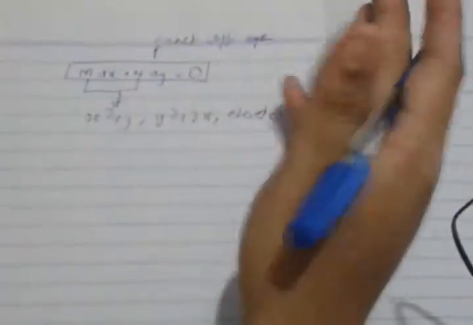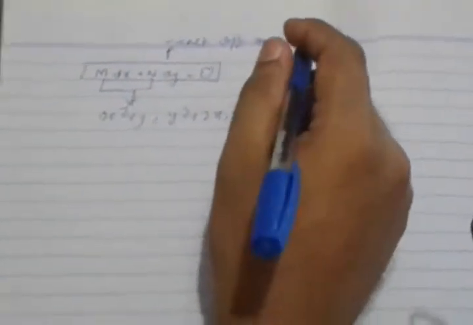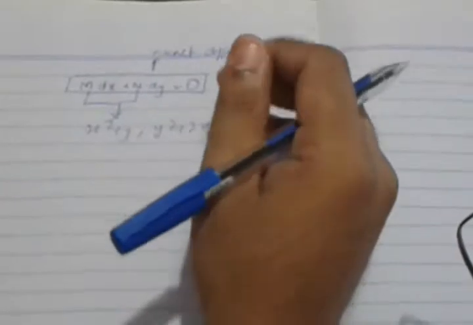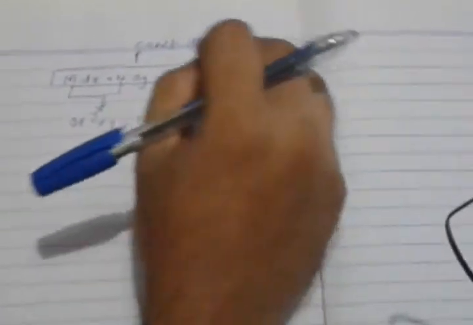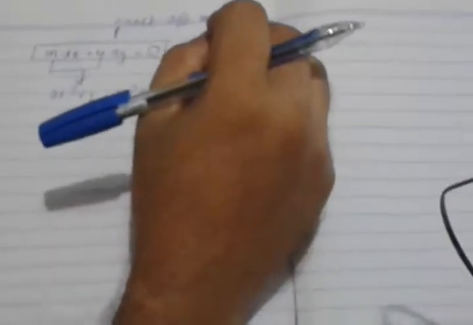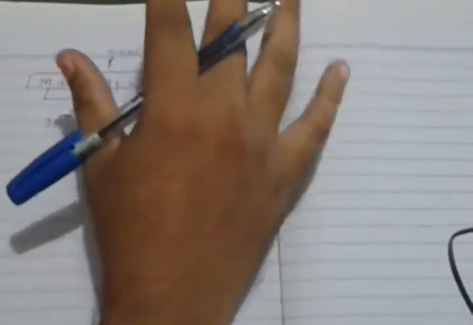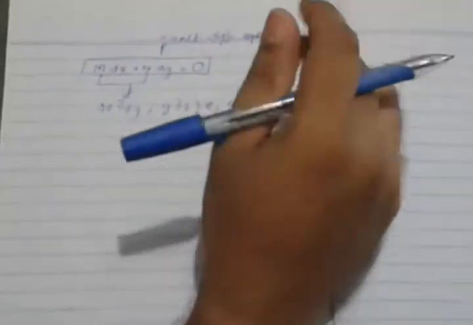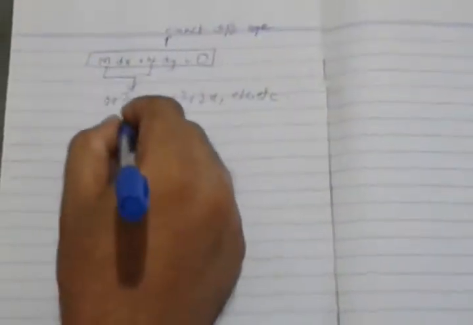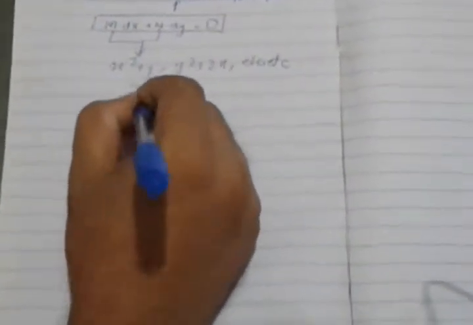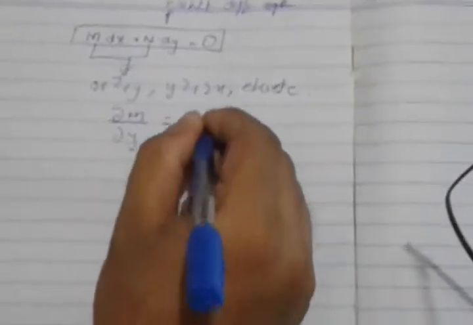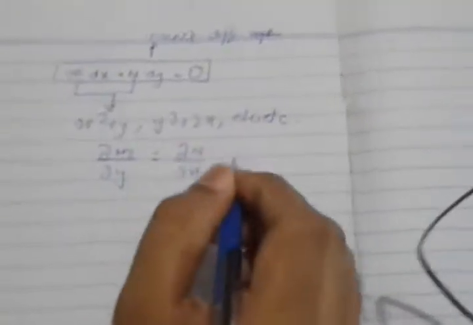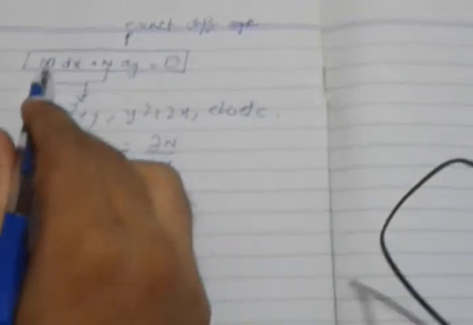To solve exact equations, there is a certain condition that has to be satisfied. If that condition is not satisfied, then you cannot solve the exact differential equation by the exact method. The condition is that ∂M/∂y equals ∂N/∂x.